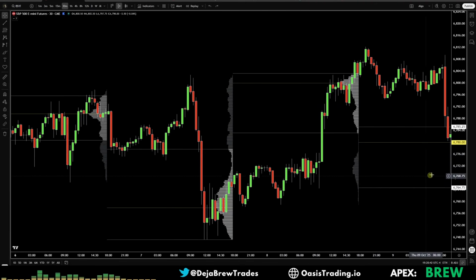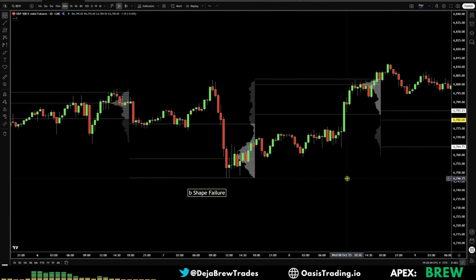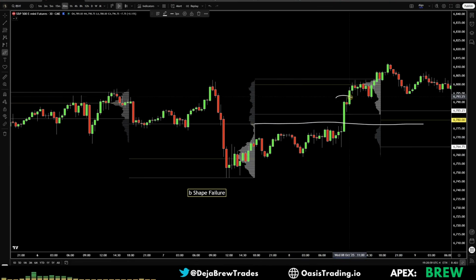Right here we have an example of a capital B failure. So remember we said earlier today, the capital B is typically bearish bias, but not always, right? It means the bears are in control right now, but they're not overly in control. So once we started to lose that value high and find a lot of value above that value high, what do we look for?